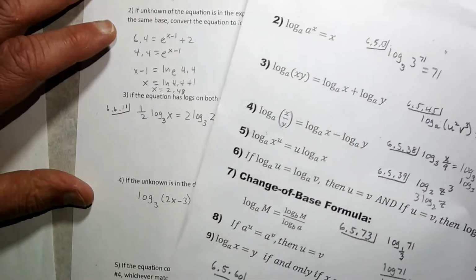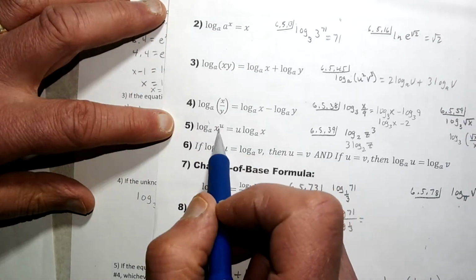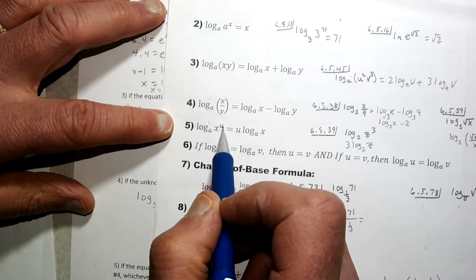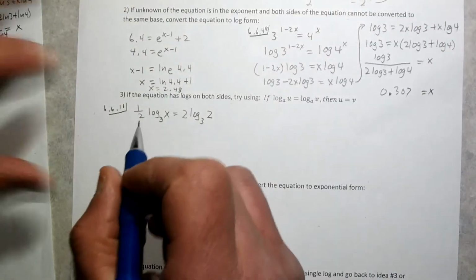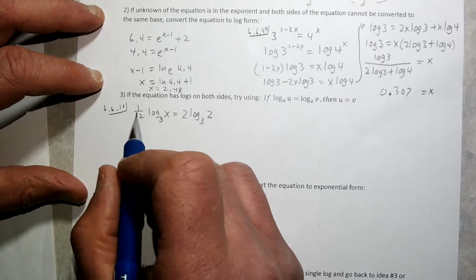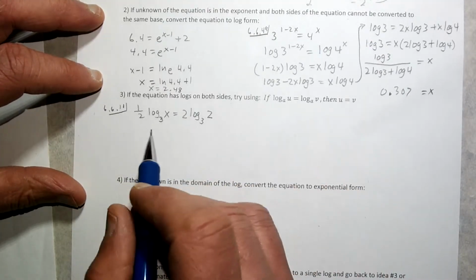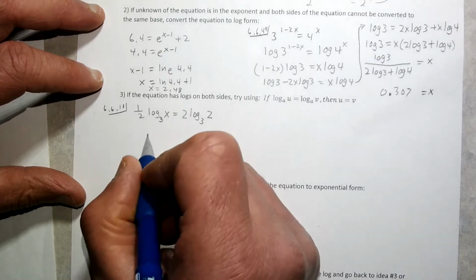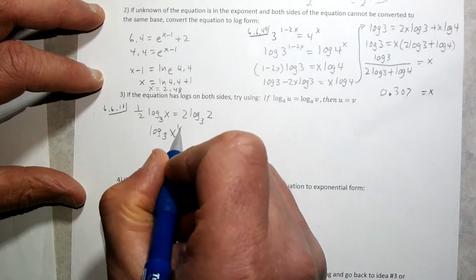And that is coming from rule number 5, that if you have x to the u, you could bring the u in front of the log like that, right? In order to use this, by the way, you can't have any coefficient other than 1. So I'm going to take this 1/2 and bring it up, and I'll have the log base 3 of x to the 1/2.